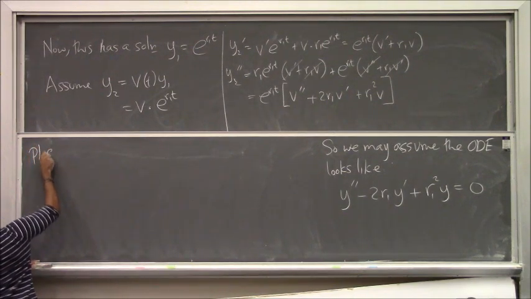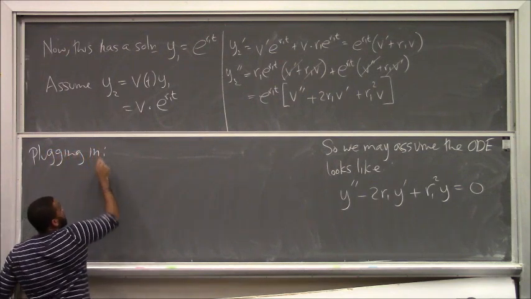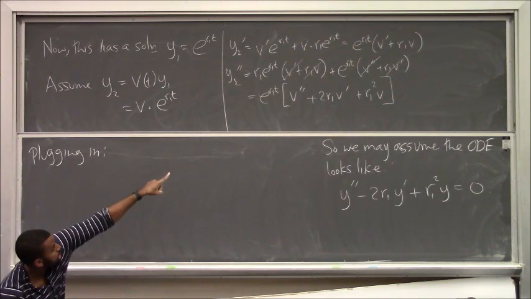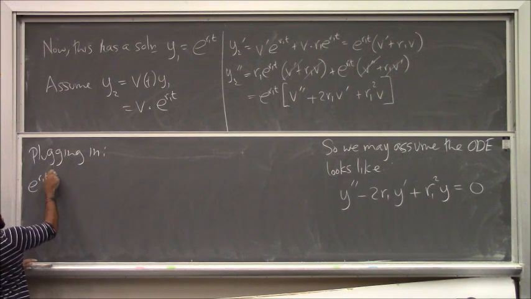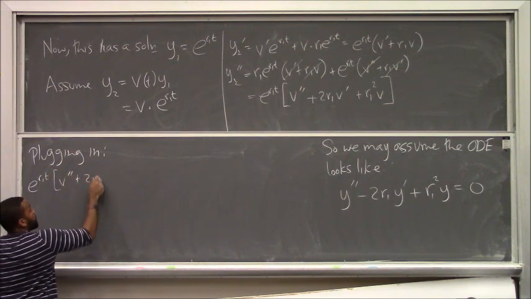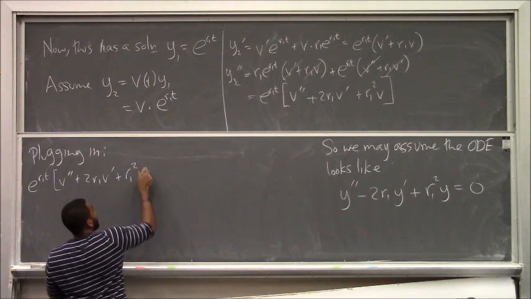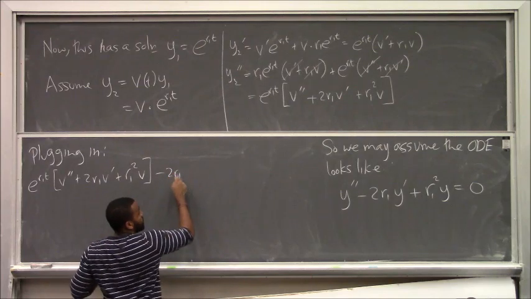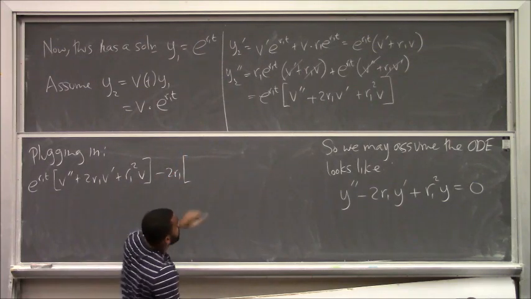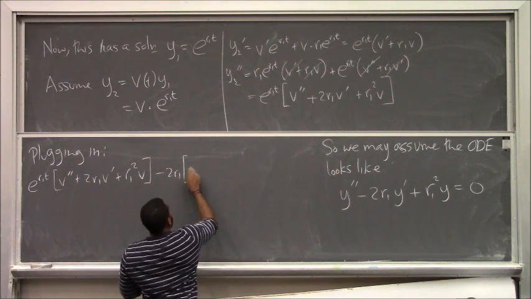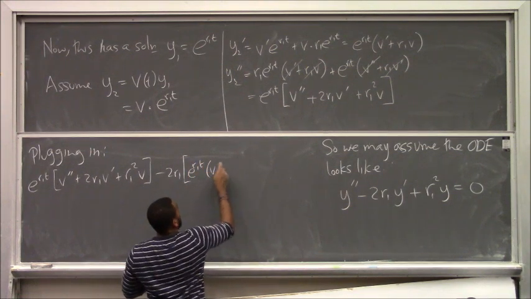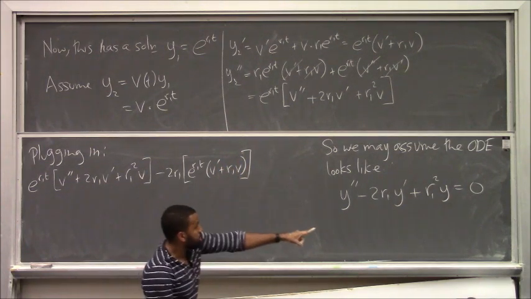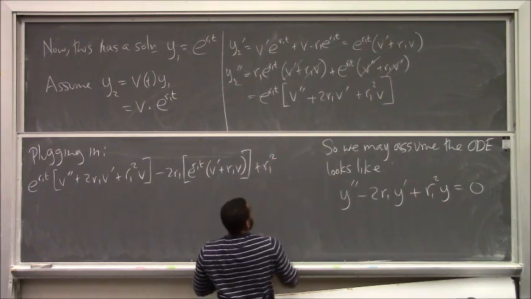So, plugging in, here's what's going to happen. My y double prime is that guy, minus 2r1 times the y prime, which is that guy, plus r1 squared times the y.